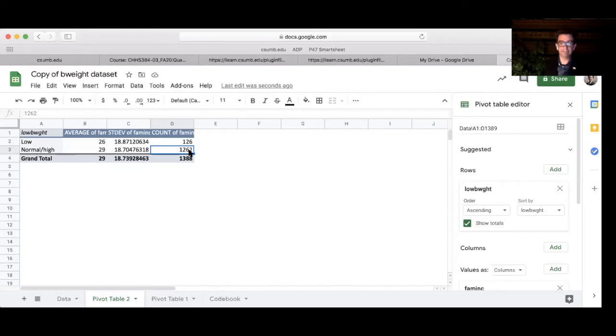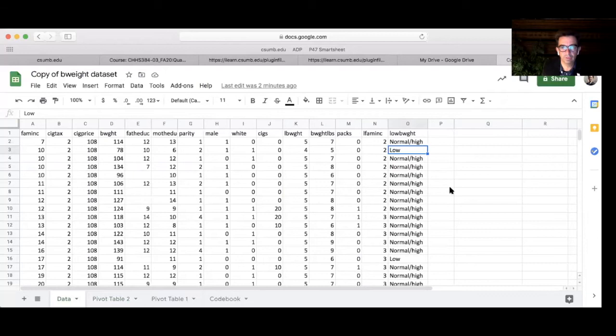Now, that's in the sample. So we're going to conduct a t-test to see if this is just because of sampling error or not. We're going to rule that out. All right. So the way to do that, we're going to go back to the data, because unfortunately, we're going to have to use all the data here.